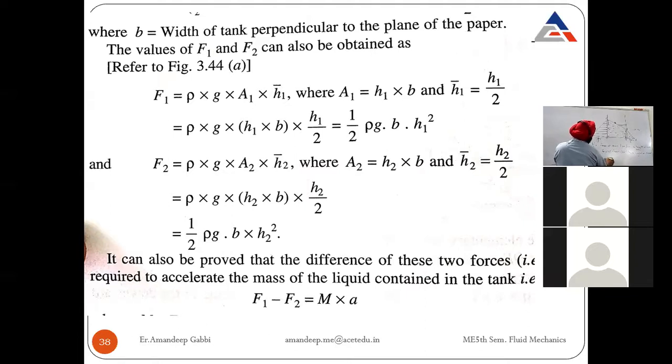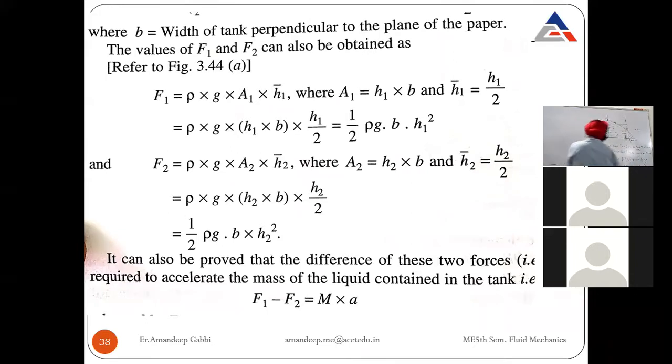F1 is area of the triangle ABC into width, and that is equal to half into base, that is rho g h1, into h1 into B. Similarly, F2 is area of triangle DEF into B, half of base, that is rho g h2, into h2 into B. This is equal to rho g h1 square B by 2, and this is equal to rho g h2 square B by 2.